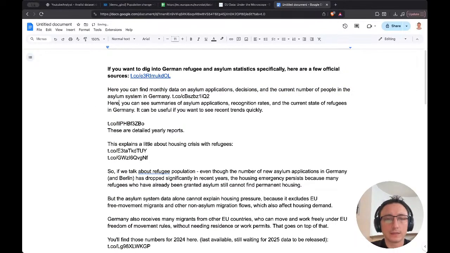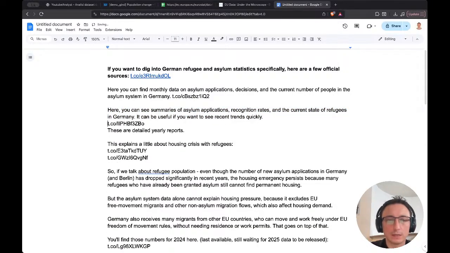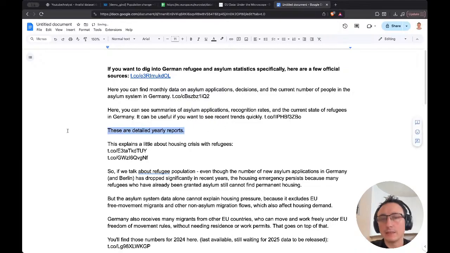Here you can see summaries of asylum application, recognition. Okay, this is everything about German, and I already checked these links. Basically, they are PDF, so I don't have the possibility to download or analyze the raw data, which is something really important to me.